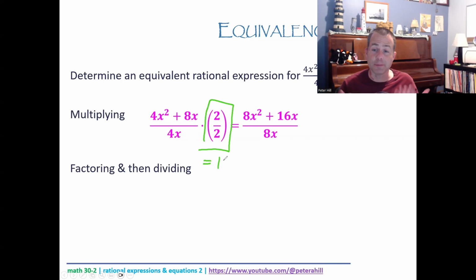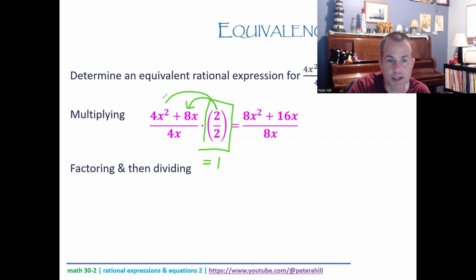So doing this, I'm not changing the number. I'm just making it look different, okay? Now, you just have to remember, if there are 2 terms up here, that multiplication of 2 will have to apply to both of those, okay? It's like the 2 is getting distributed. So I'm going to get 8x squared, that's 4x squared times 2. And then plus 16x, that's my 8x times 2. And then on the bottom, I get 4x times 2, which gives me 8x.